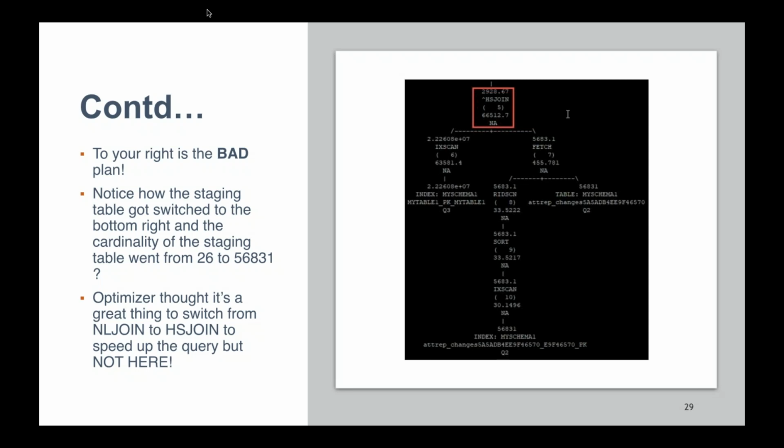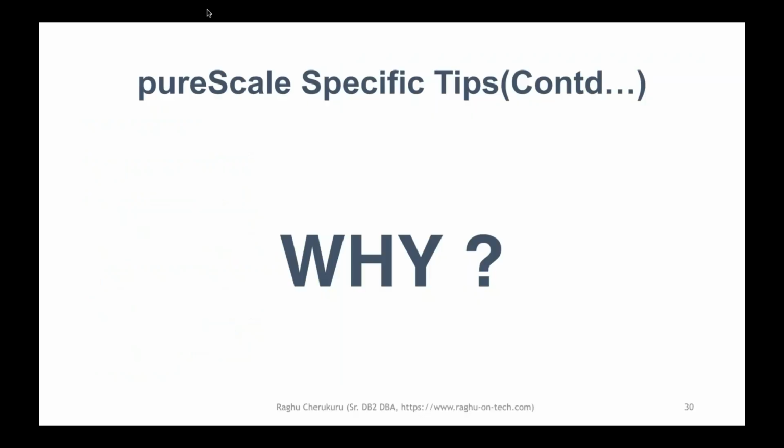If you notice why Db2 switched from nested loop to hash, earlier there were only 26 records in the staging table. Now you have 56,000. Db2 thought, if I loop over these 56,000 records using a nested loop join, it's going to take me a while. So I think hash join is a great idea for this scenario, but apparently on a PureScale environment it's not, because of how hash join works.